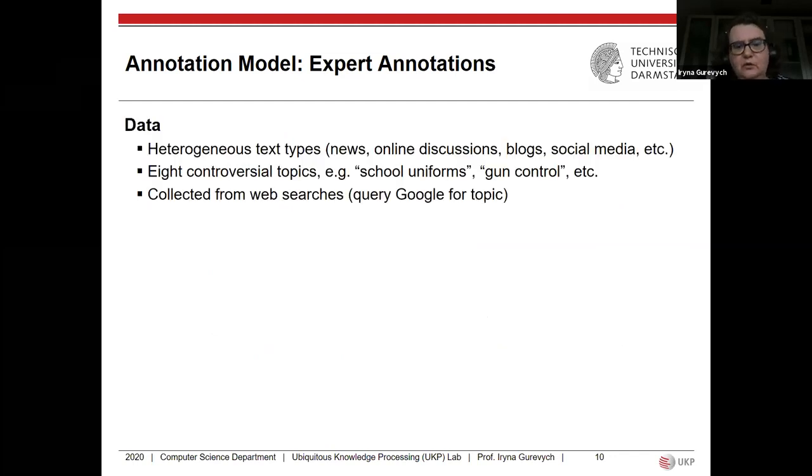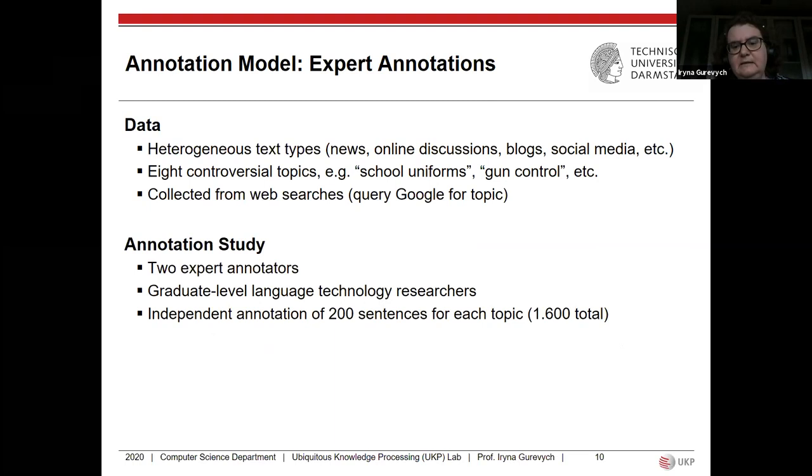So as our data, we construct a corpus by conducting web searches with the help of the Google search engine and retrieve heterogeneous documents like news, online discussions, blogs, so on, for 8 controversial topics, for example, school uniforms.